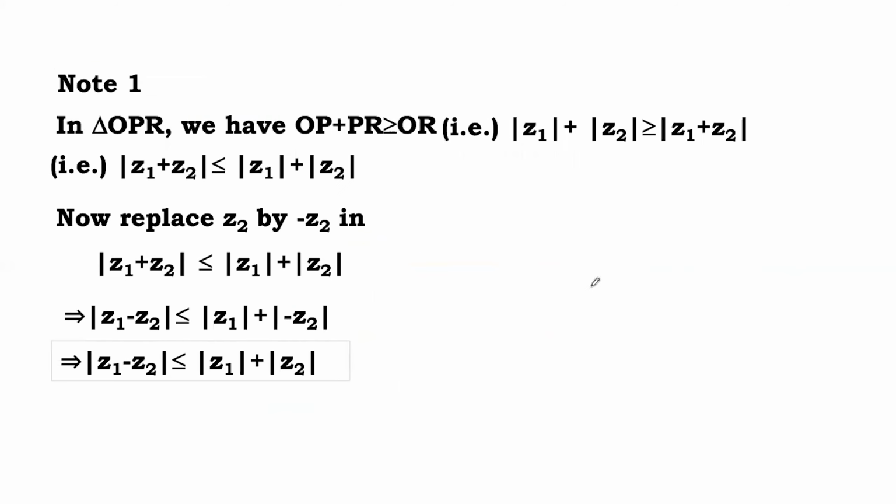But if we are going for a triangle, this is the triangle law. We know that if PQR is a triangle, or OPR is a triangle, the sum of two sides is always greater than the third side, not equal to. The equality sign holds for collinearity.